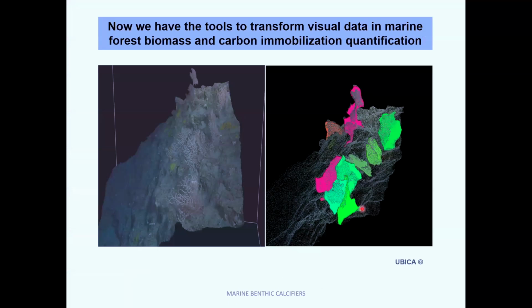So now, what is interesting is that we can calculate. This is, for example, a Gorgonian population on a rocky substrate, and we can calculate the biomass of these Gorgonians, and also the quantity of carbon stocked in the Gorgonians from pictures or from remotely operated vehicle approaches.